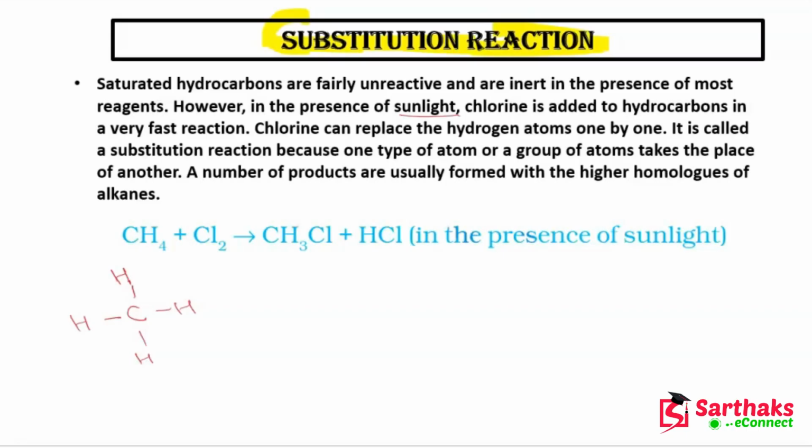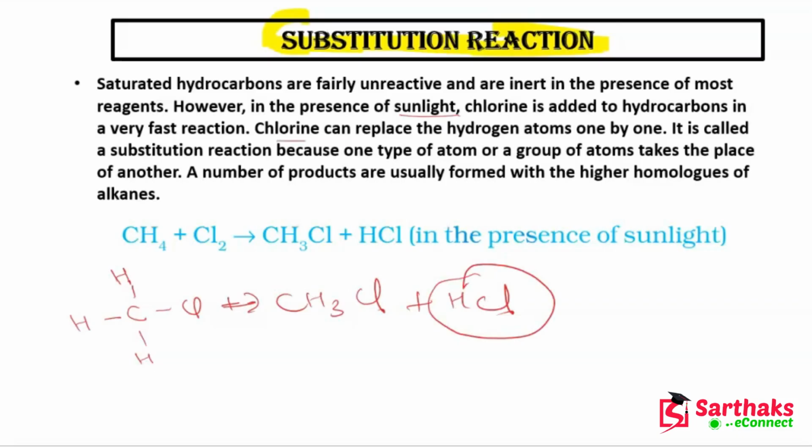Chlorine will add to this hydrocarbon. One chlorine will remove a hydrogen and take its place. So this is now CH3Cl, and HCl is produced, because the H removed from methane and one Cl will react and form HCl.